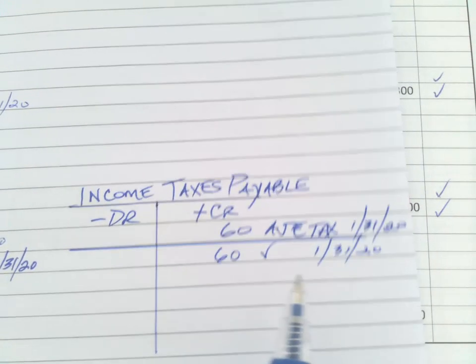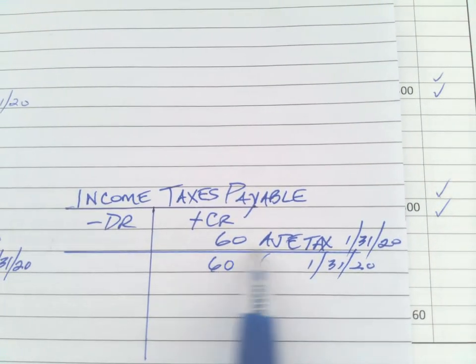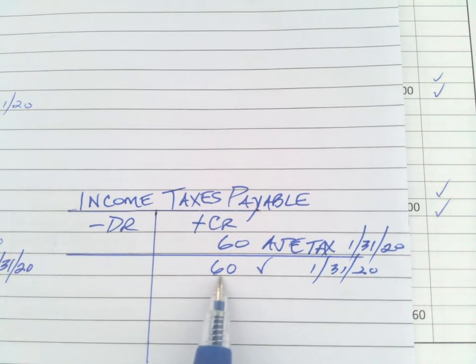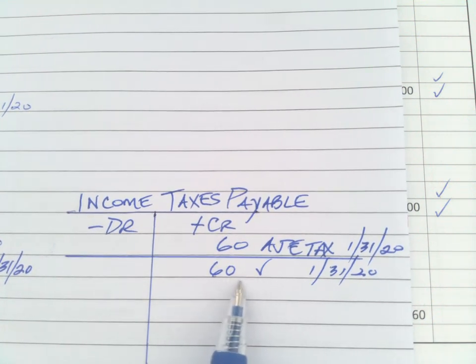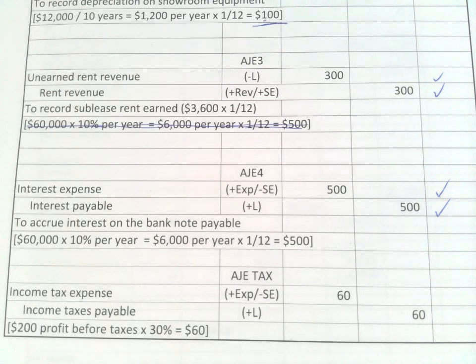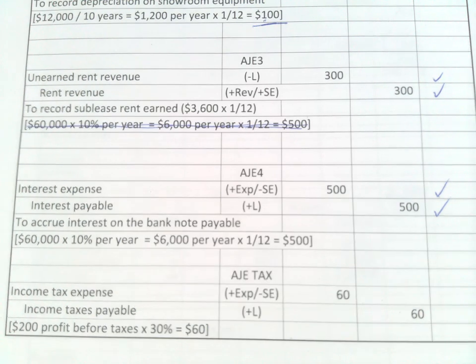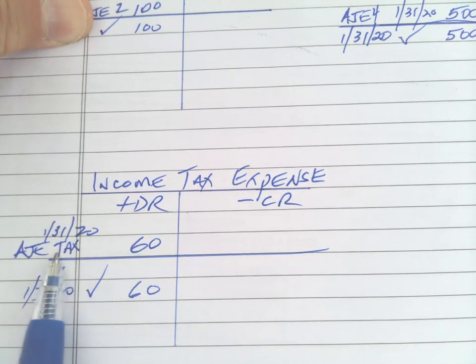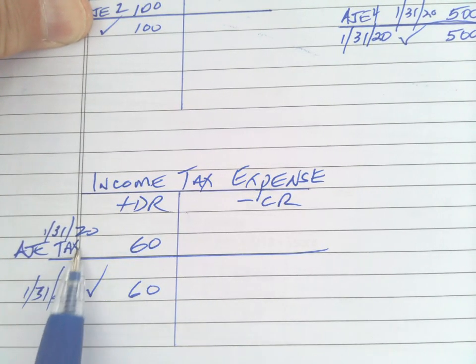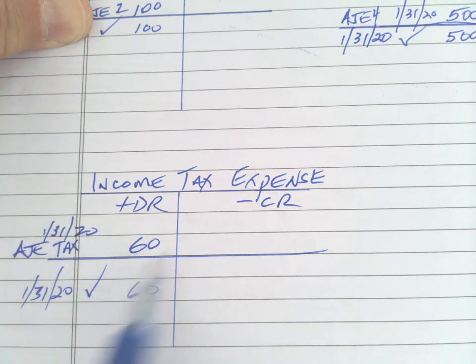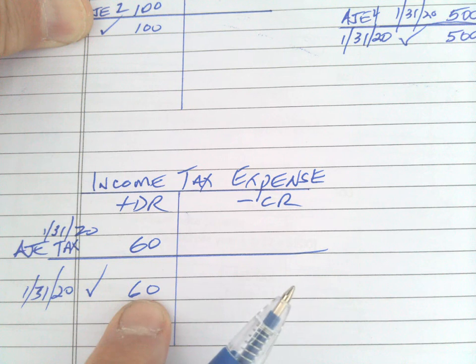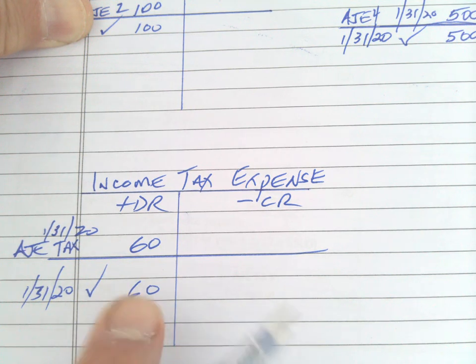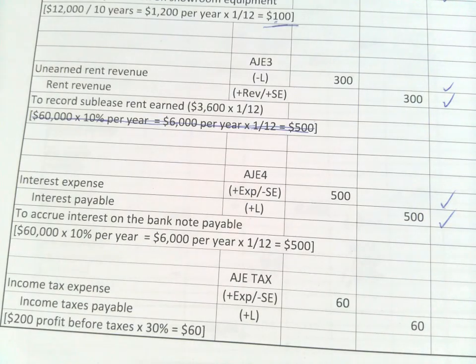There is income taxes payable, credit of $60, giving us a balance of 60. And income tax expense. There's the posting of that. Debit of 60 in the adjusting journal entry related to tax for 131.20, and that leaves a balance of 60 in income tax expense that will be ultimately closed to retained earnings.